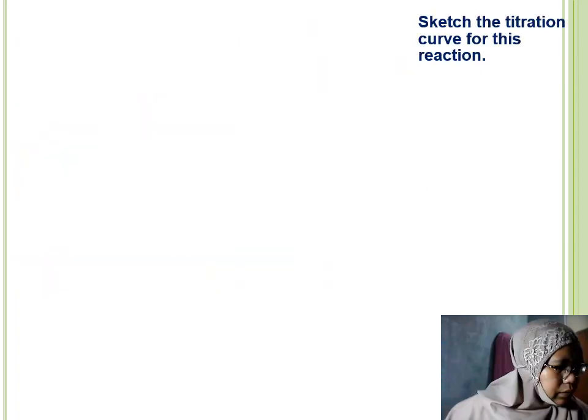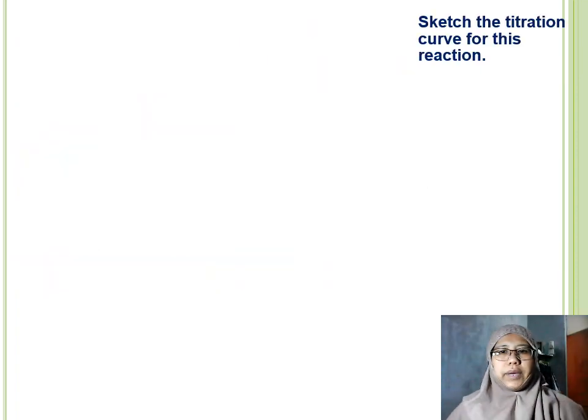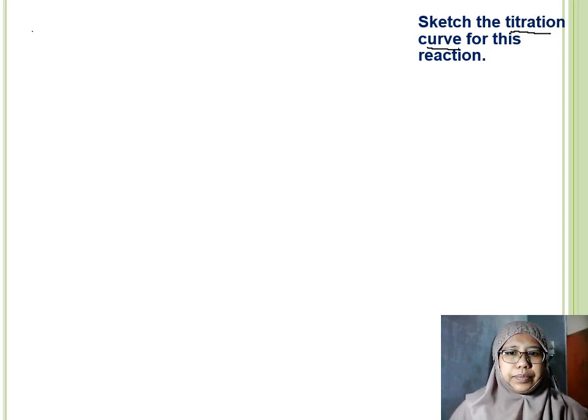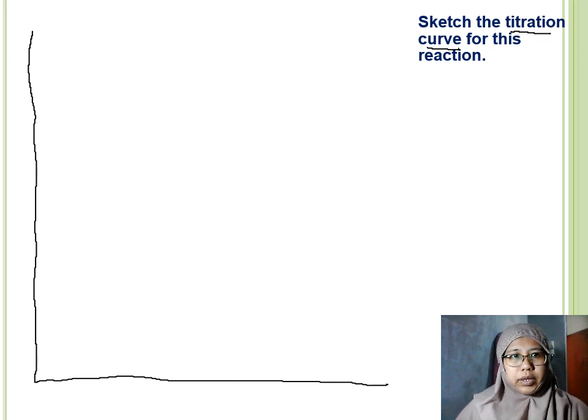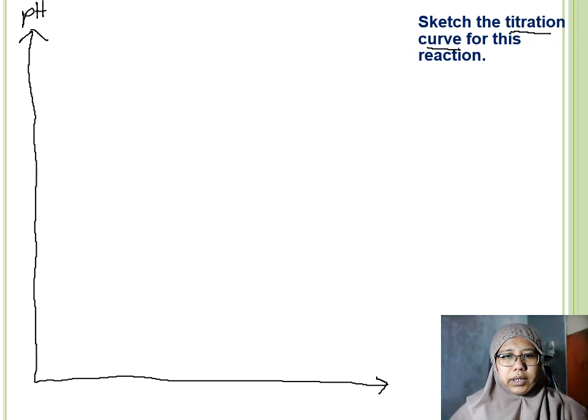All right. Okay, I'm going to show you how to draw the titration curve. If you have a graph paper, it would be very good. So I'm drawing the axis. The y-axis is the pH, and then the x-axis would be the volume of sodium hydroxide in ml. Okay, we have 4 points.